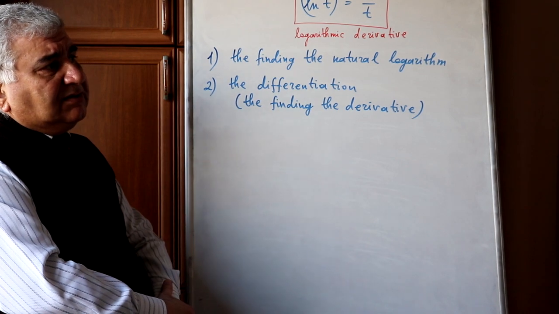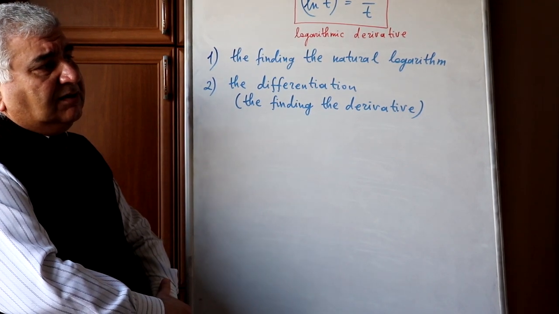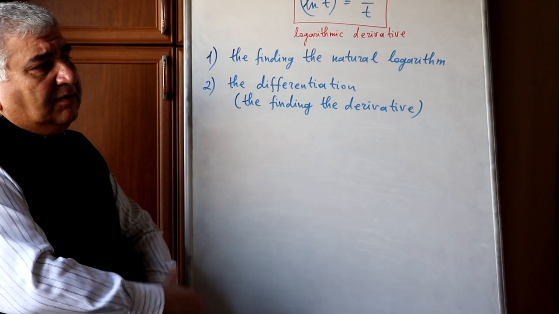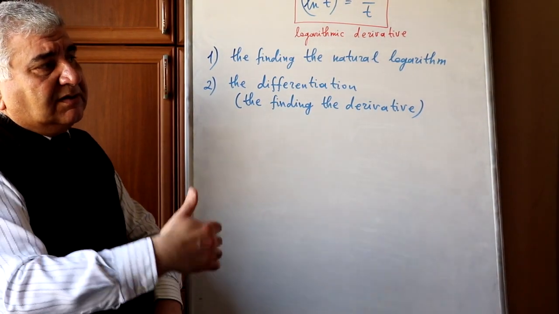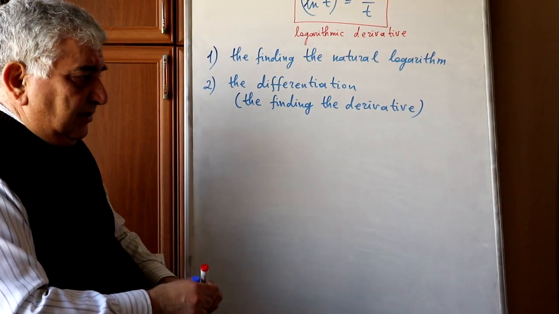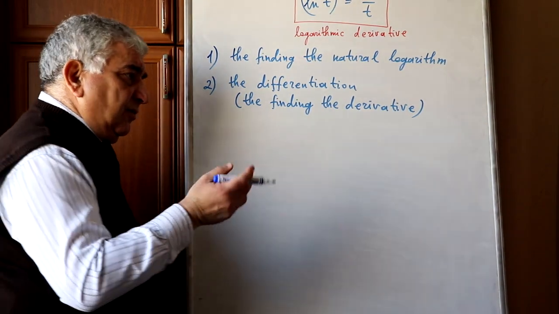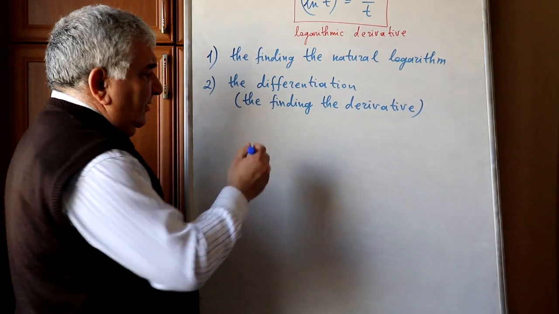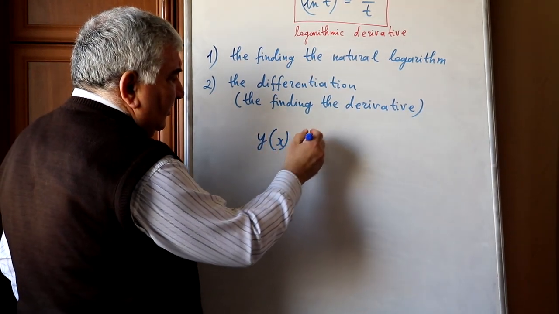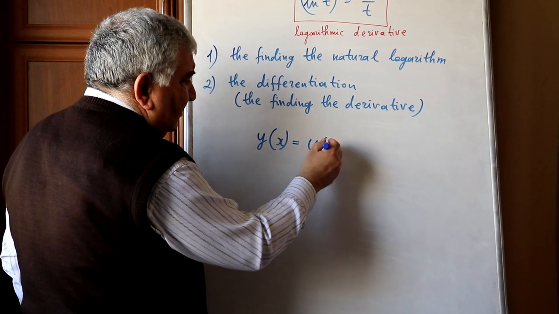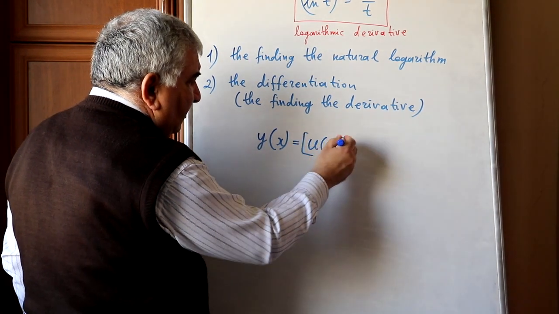Power exponential function is such a function for which the base and the exponent are some functions. For example, the general form of y of x equals u of x raised to v of x.